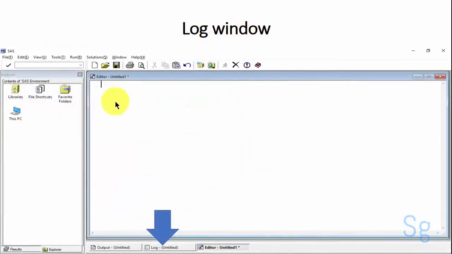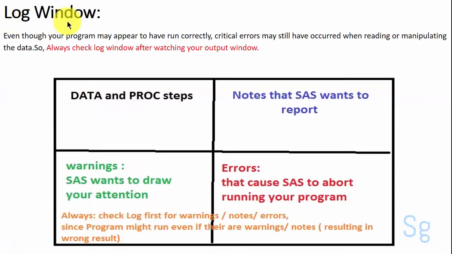Log window. This is how our log window looks like. Log window is the most important window in SAS programming. You must check this window even after you have programmed correctly. Even though your program may appear to have run correctly, critical errors may still have occurred when reading or manipulating the data. So, always check the log window after watching your output window.